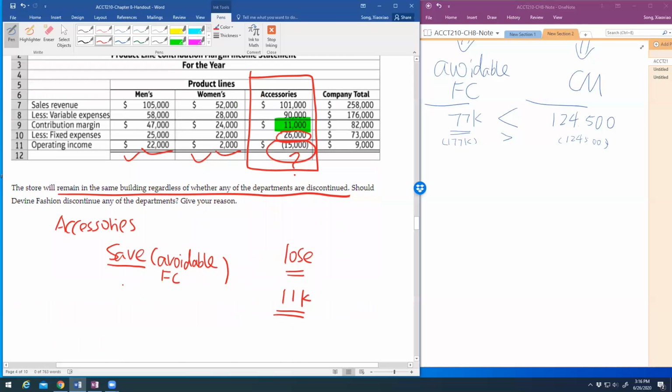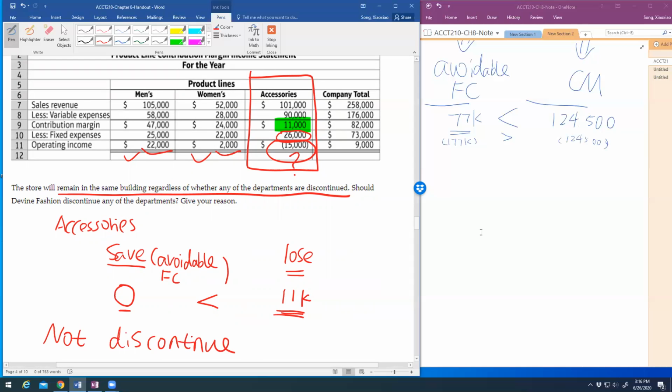Basically, we save 0, and we will lose 11,000. Should we discontinue, yes or no? The answer is very clear: we should not discontinue. We should still keep this department. Okay, that's it for this question.